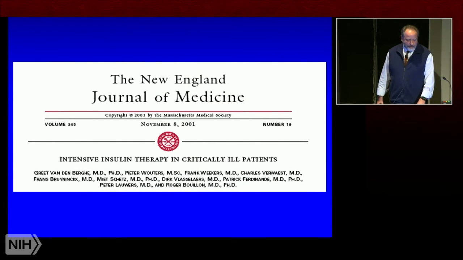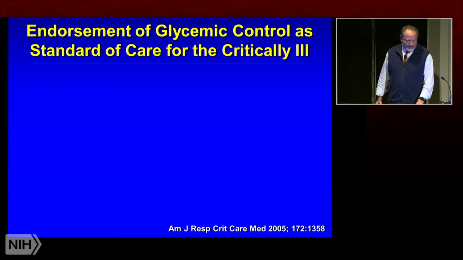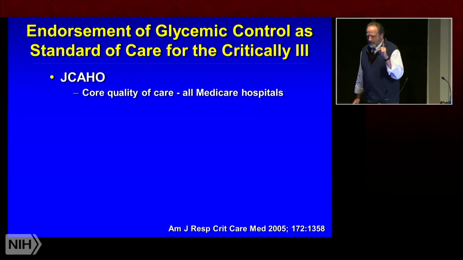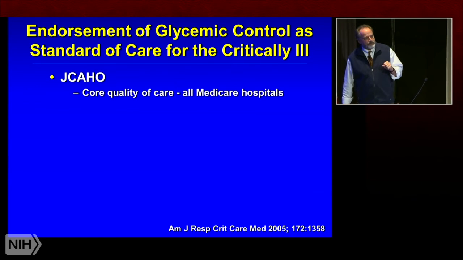And it was published in the New England Journal, and it showed a benefit from keeping the glucose below 100 in people with shock. And this clinical trial was endorsed, a single, unblinded trial, like the steroid trial I told you.